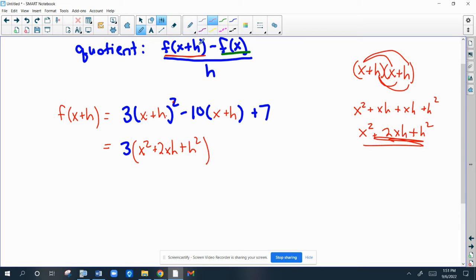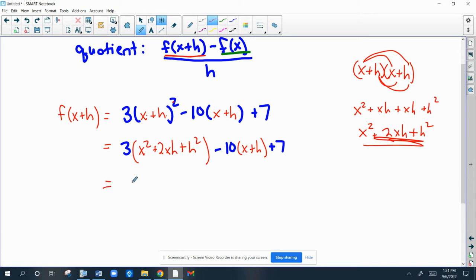Then I have minus 10 times x plus h, and then plus 7. I didn't multiply out the 10 yet, but right now I'm going to distribute this 3. That's the next order of operation, and distribute this negative 10.